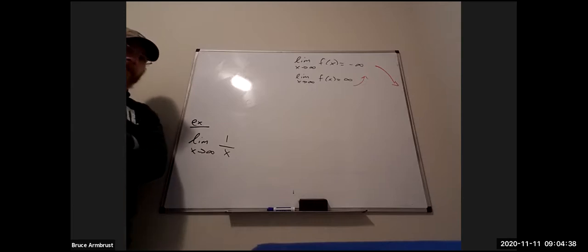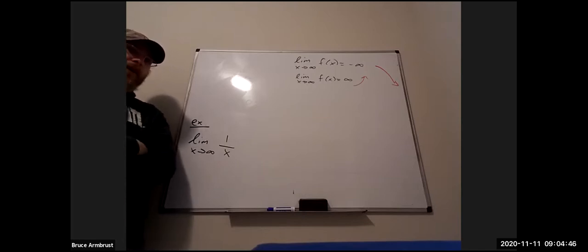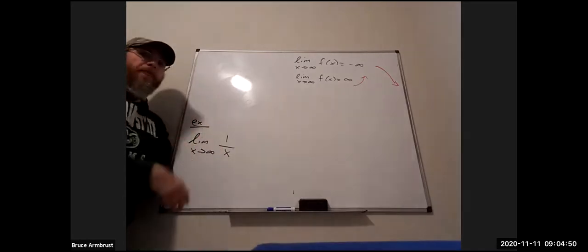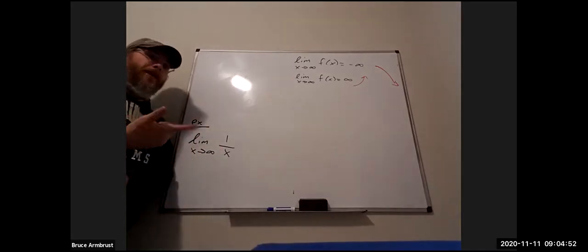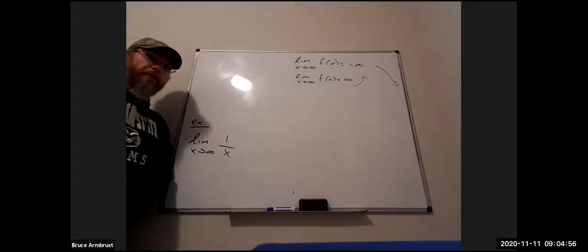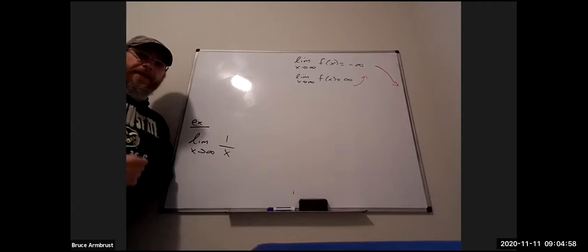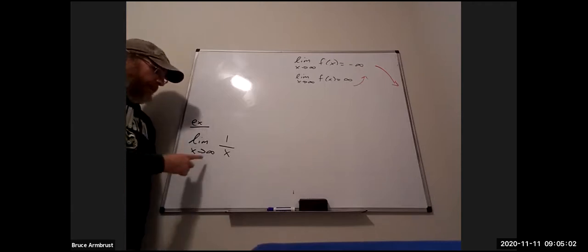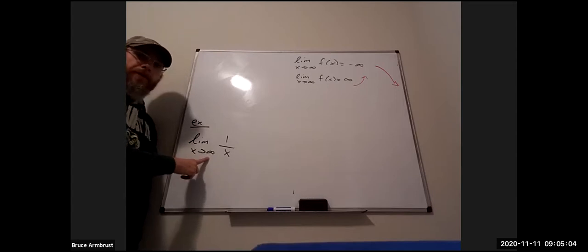Now, we can start in very much the same way that we did other limits, by just plugging in numbers. You remember doing that? Hopefully you remember. Something like if we're going to say the limit as x approaches 1, we put in 0.9, 0.99, 0.999, right? And we looked for a pattern. We can do the same thing here. It's just now if we're going to start plugging in numbers, we need to plug in big numbers.